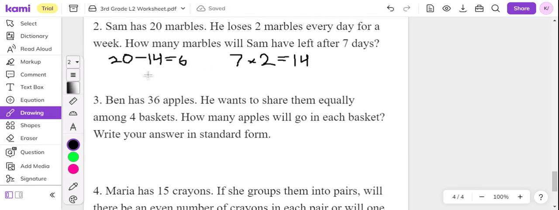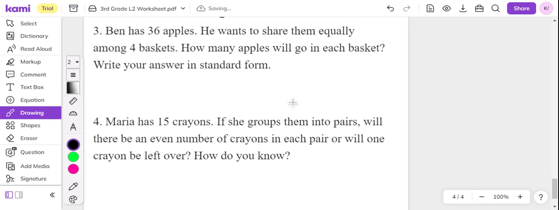So Sam will have 6 marbles left. And we write down our units. There we go.